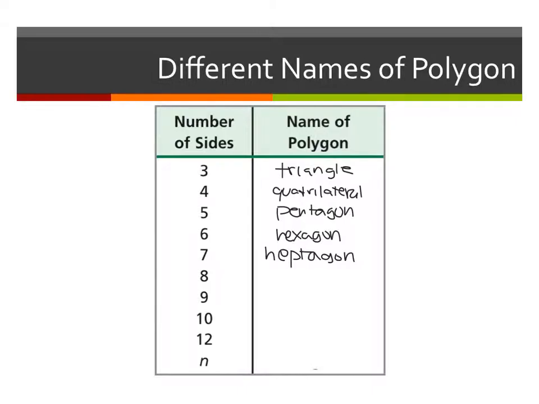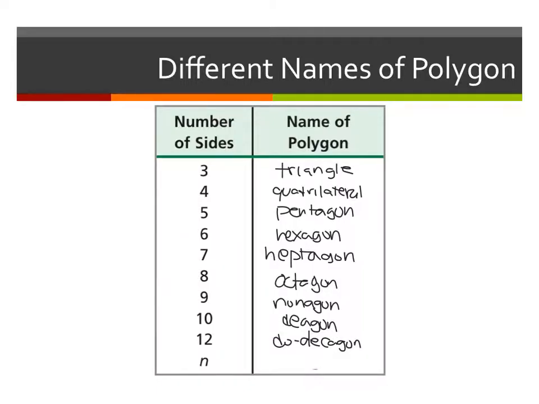Yes. If it has 8 sides, Tommy, do you remember what the polygon is called? Octagon. Yes, octagon. Ian? 9? Do you remember? Nonagon. Yes. Decagon. Dodecagon. Yes, dodecagon.